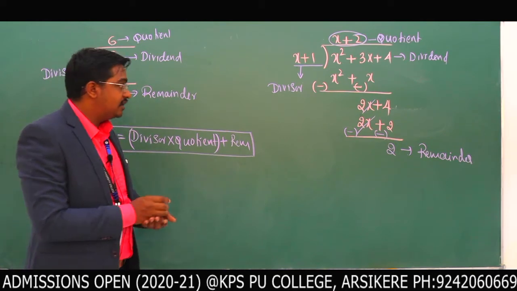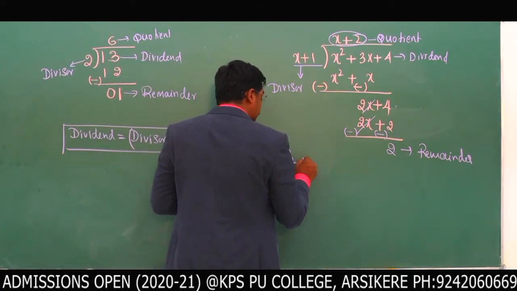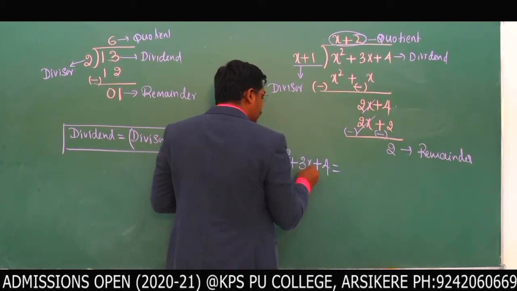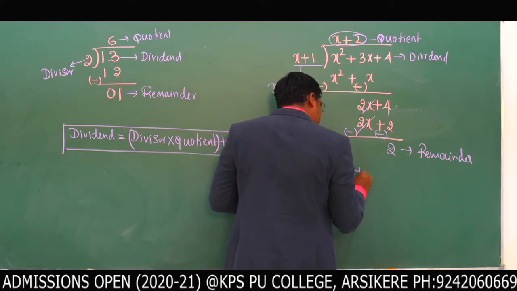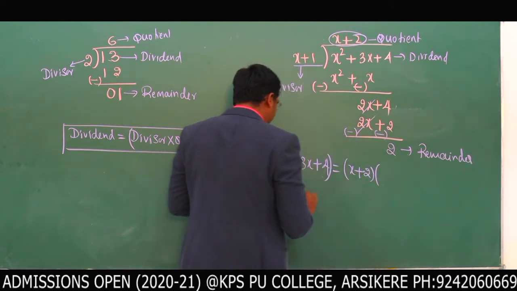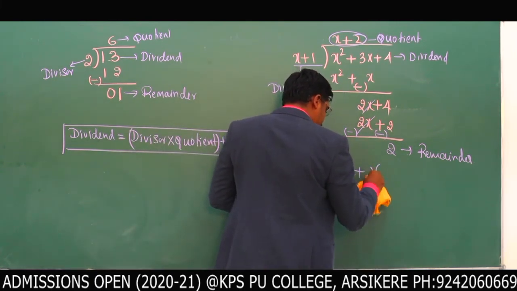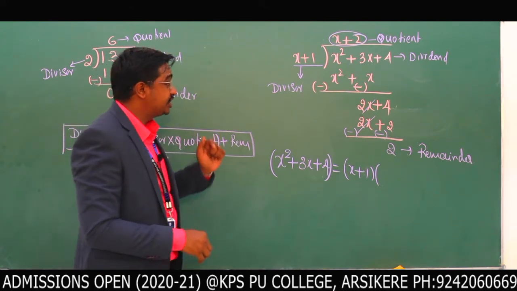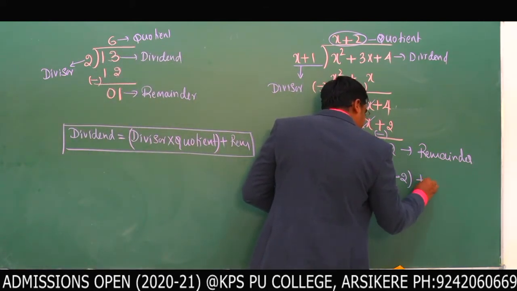We follow the same thing here also. We can write x square plus 3x plus 4, which is the dividend, is equal to, what is the divisor here? x plus 1 is the divisor, and what is the quotient here? The quotient is x plus 2 and the remainder is 2.